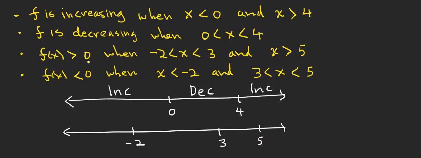And f of x is positive between -2 and 3, so it's above the x-axis. And whenever x is greater than 5, it's also above. And f of x is less than 0, which means below the x-axis, when x is less than -2 and from 3 to 5.